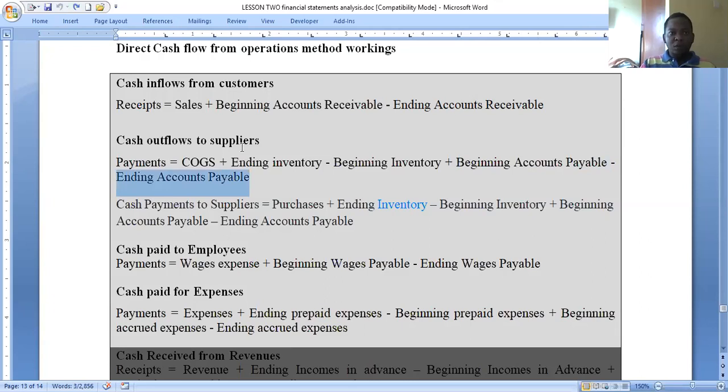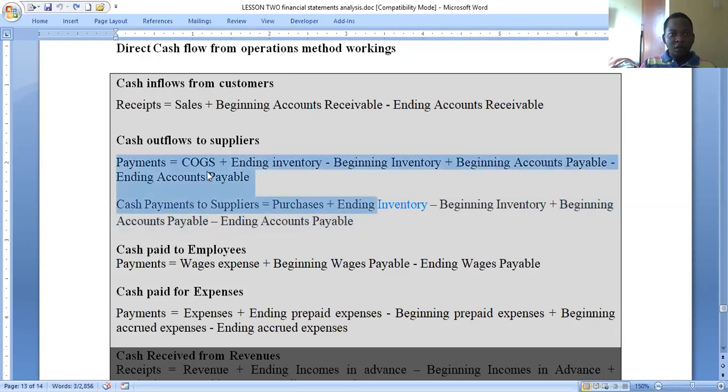Also, the payment to suppliers in case we have purchases will be equal to purchases plus opening stock minus closing stock plus opening creditors minus closing creditors.